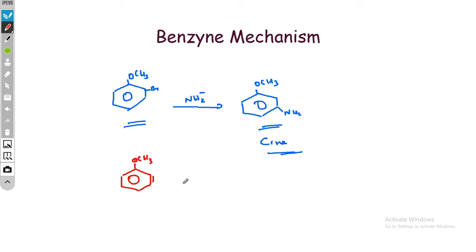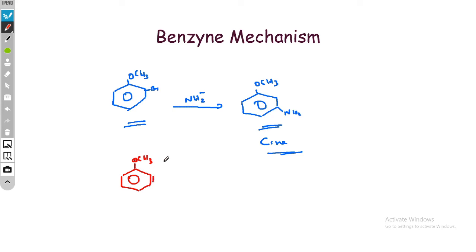The attack of NH2 minus will not be equally probable from here and here, because it is not a symmetric benzyne. In the earlier case, we discussed a symmetrical benzyne, so both normal and cine products are equally formed.